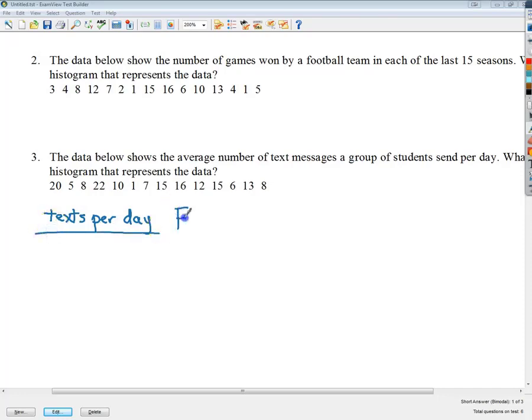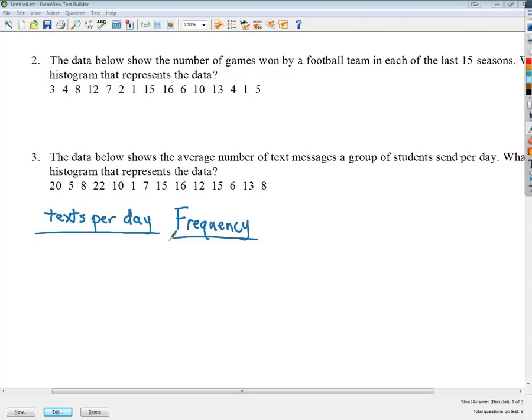and then my frequency. And here I have it going up to 22, and my lowest group is 1, so somebody's only doing 1. So I might do groups of 5.